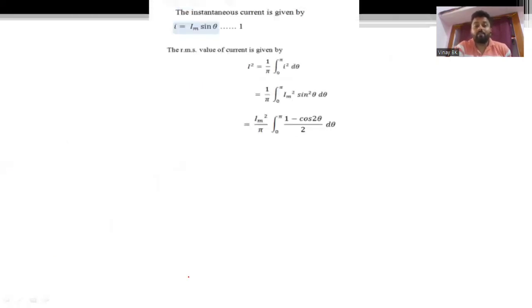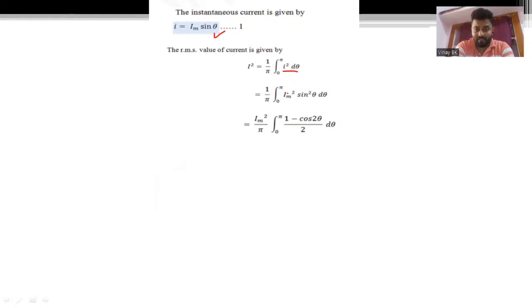So now, the instantaneous value is given by Im sin theta. For the equation, the area under the curve for the half cycle is the integration from 0 to pi of I square d theta, divided by the base, pi. So I am rewriting that as 1 by pi into the integration from 0 to pi of I square d theta. What is I? Im sin theta. What is I square? Im square sin square theta.